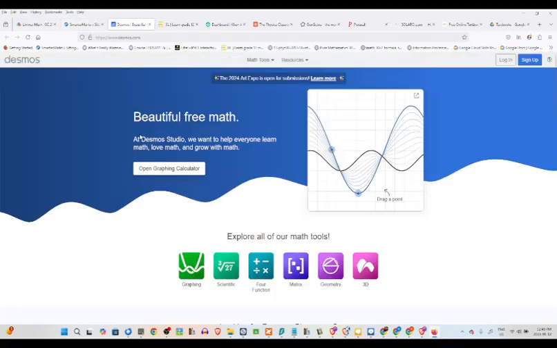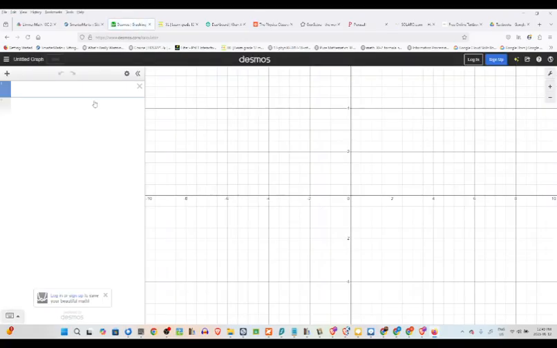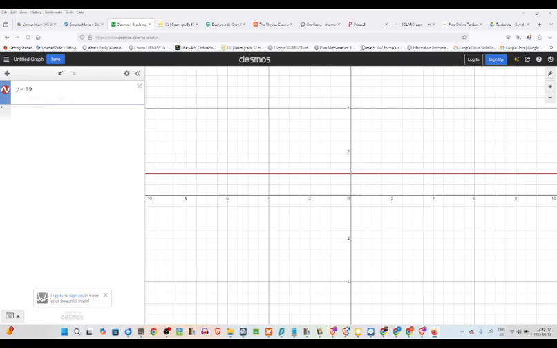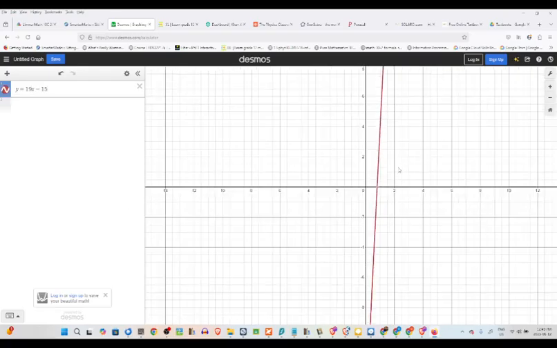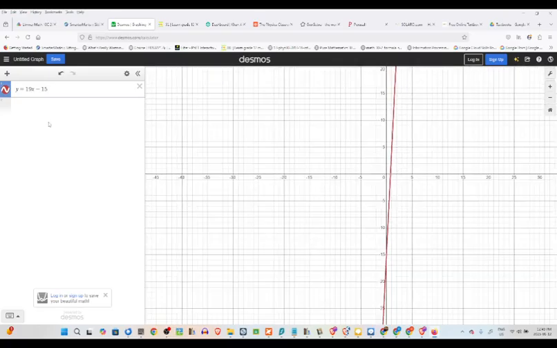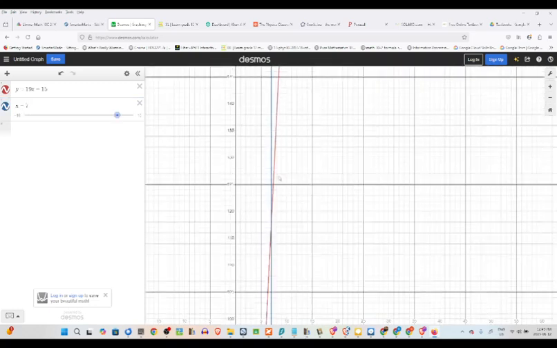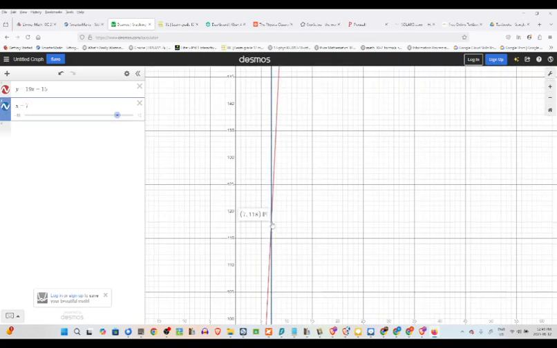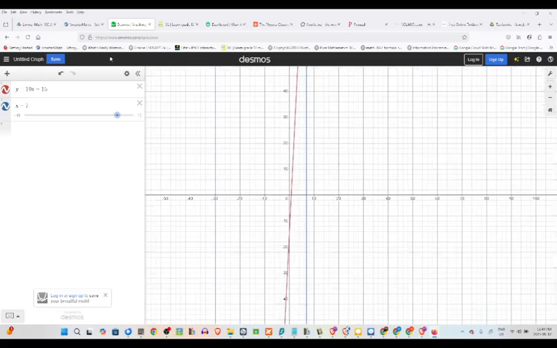If we're doing it with our graphing calculators, they can only graph y equals. So once we turn it into y equals 19x minus 15, well, now we have our graph. If we take x equals 7, there's this vertical line. And we could track the intersection. Double check that, yes, it does happen at y equals 118. Okay.